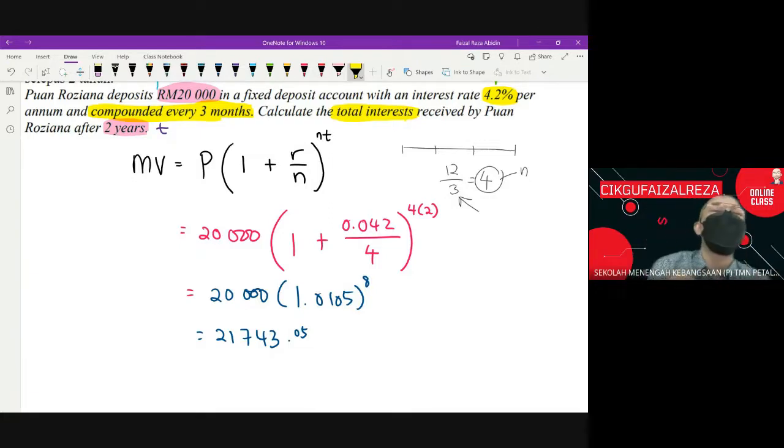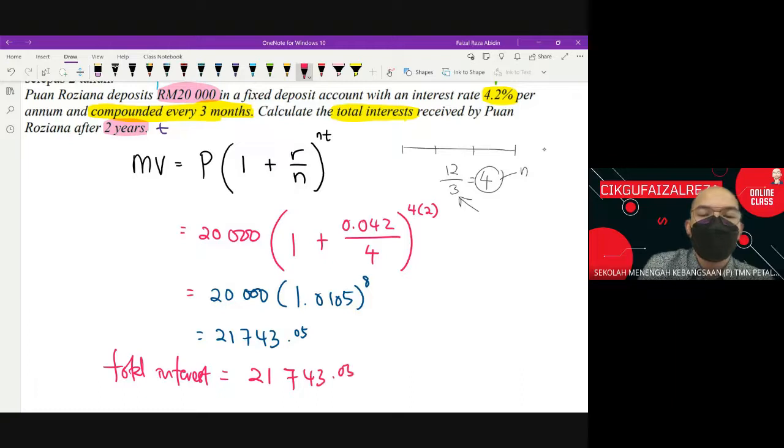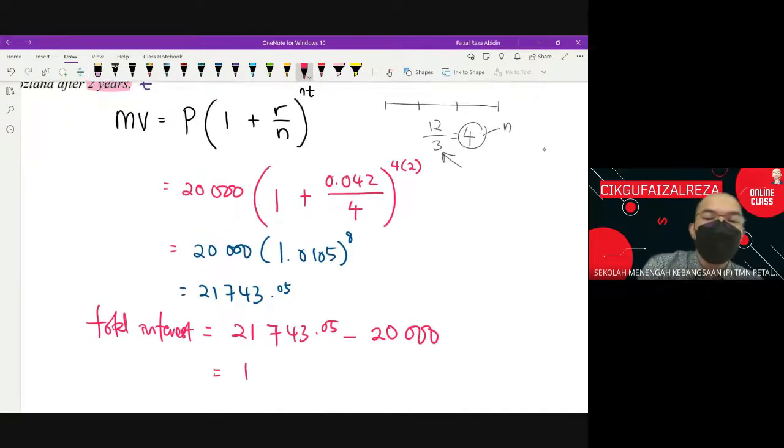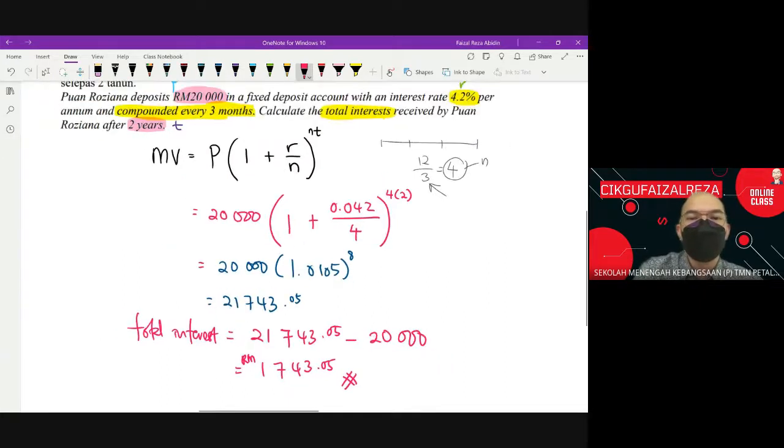So to find the total interest only, you are going to take 21,743 ringgit 5 cents and minus 20,000, the money that she put there. 1,743 ringgit 5 cents. That's going to be your final answer.